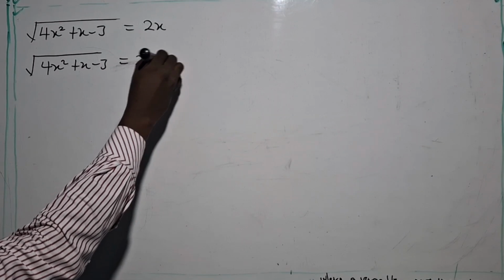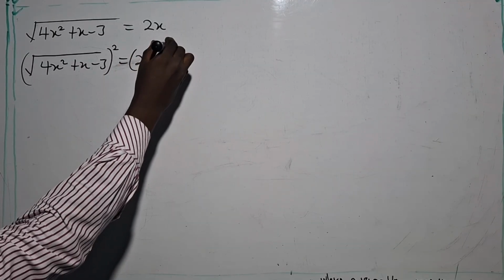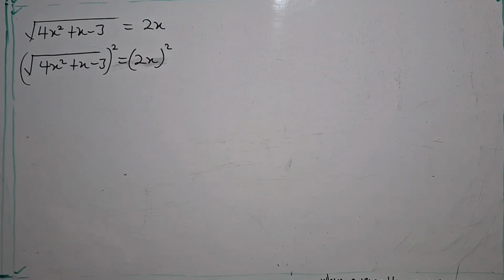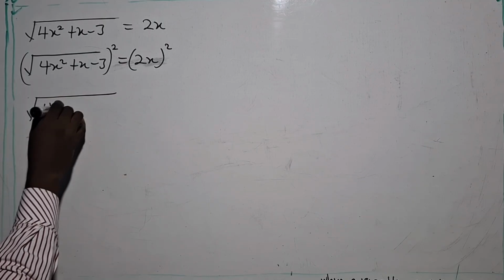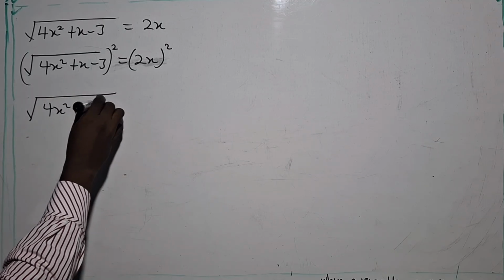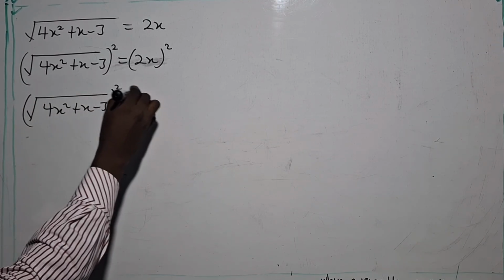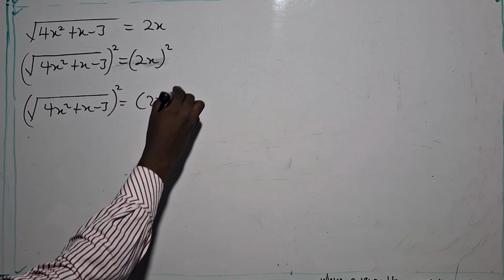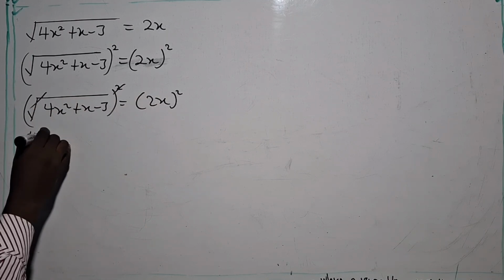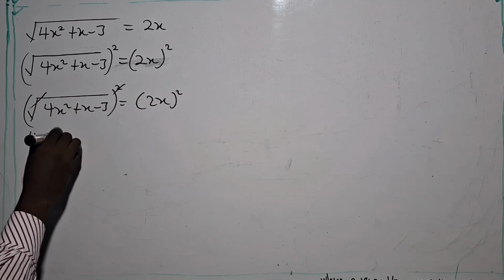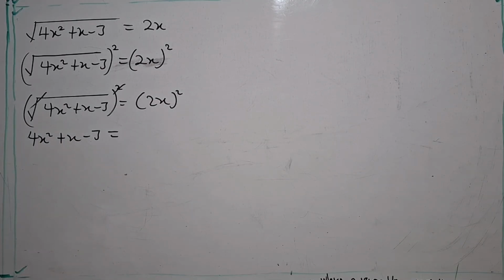And once again, the radical has been isolated already. And I know at this point, you know what to do. Square both sides. So the square will cancel the square root. 4x squared plus x minus 3. Now, what is 2x squared?